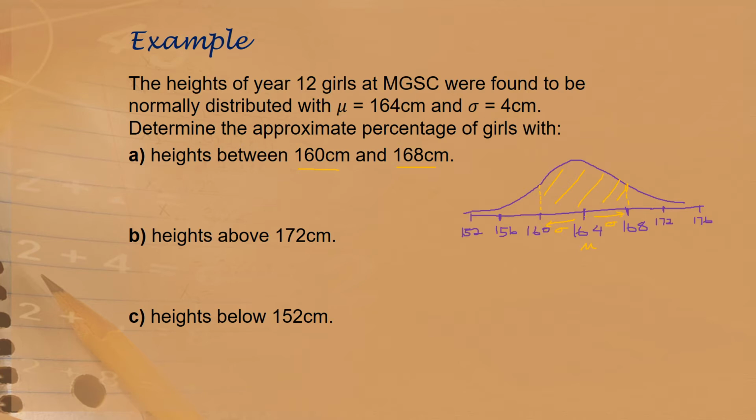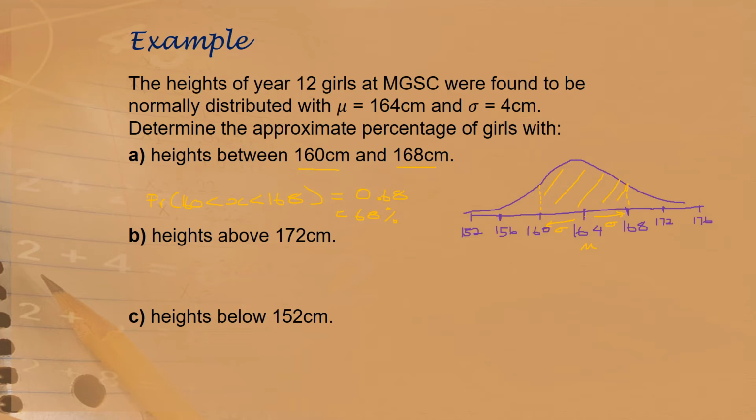And remember, the chance that any piece of data is within one standard deviation of the mean is equal to 68%. So we can write that as the probability that 160 is less than x is less than 168 is equal to 0.68, or 68%.